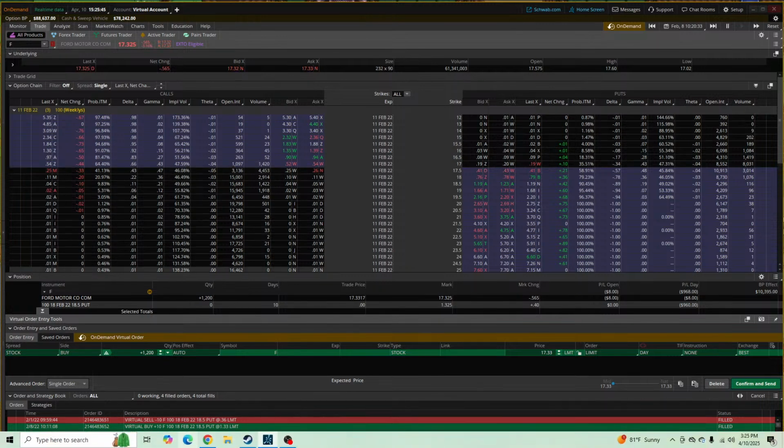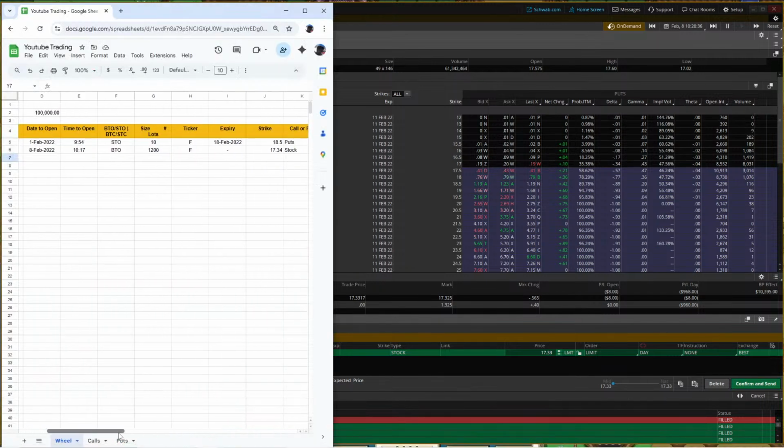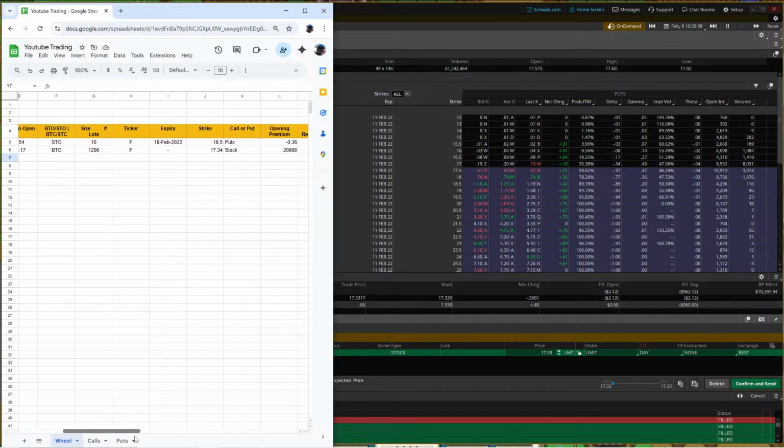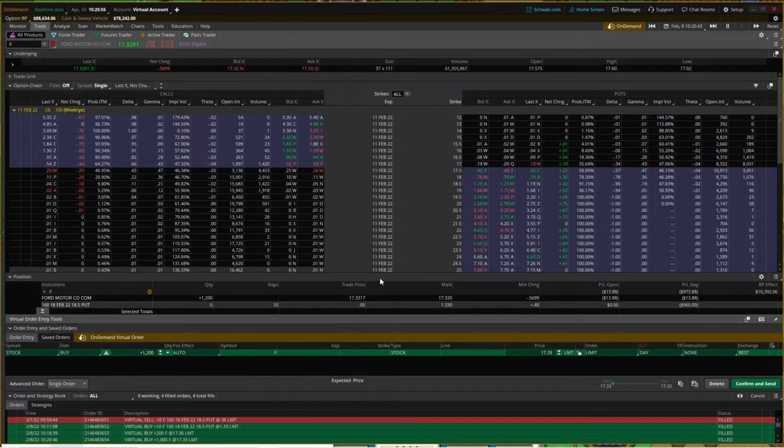Our basis is going to be the 17.34. So we got to sell above our basis. So if we're selling these 17, we could sell these 18s. 10 cents out of those. And we can make $100 off of that.